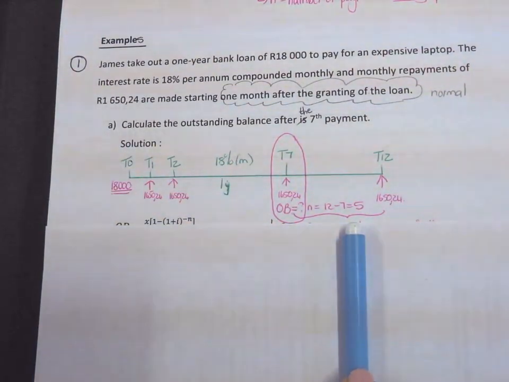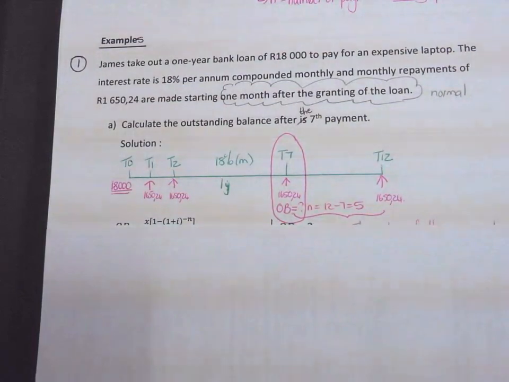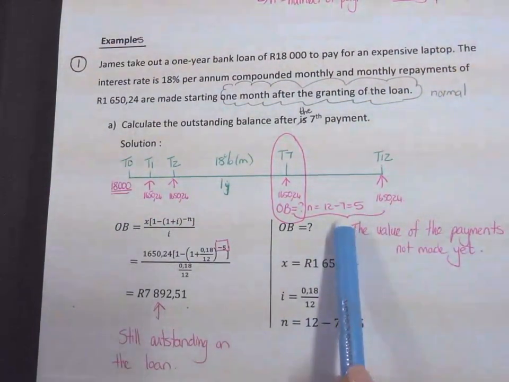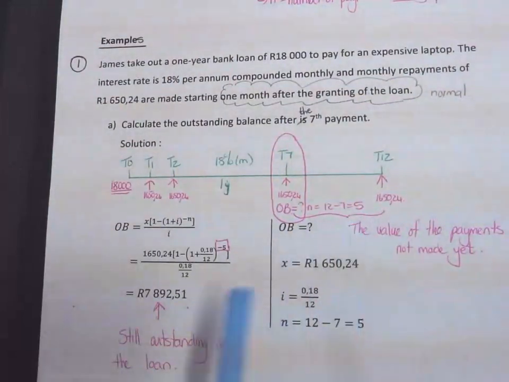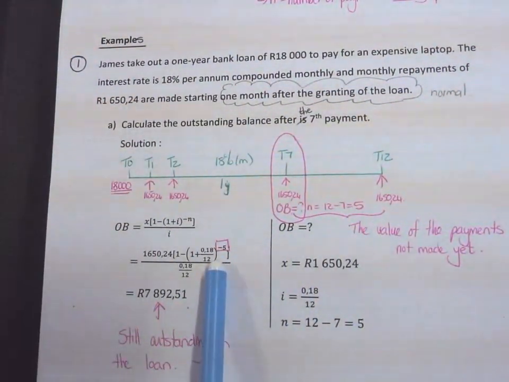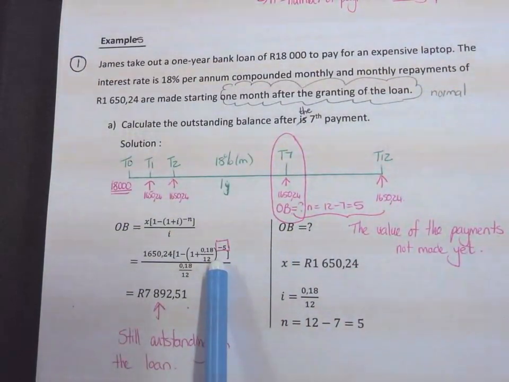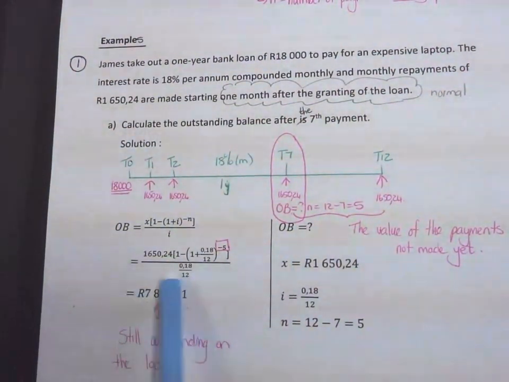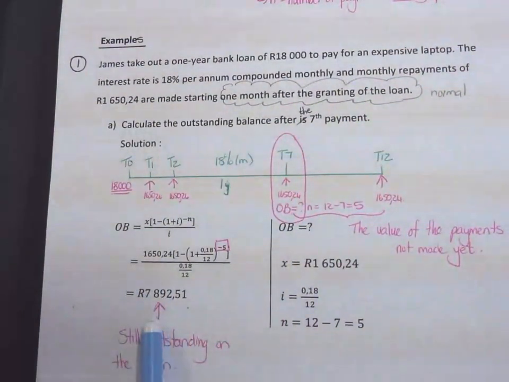Just 5 payments left. The 5 is still a negative N, because we use the P formula. And then we get that he still owes the bank 7,800, etc. Are there any questions?